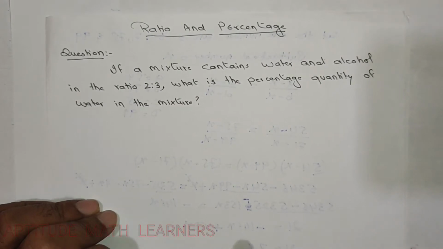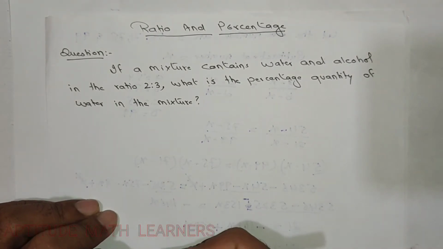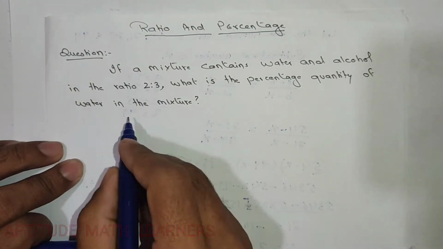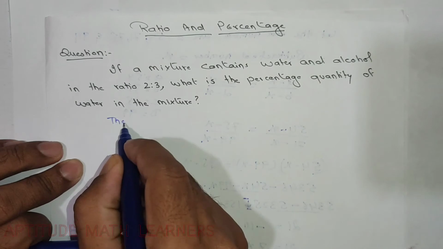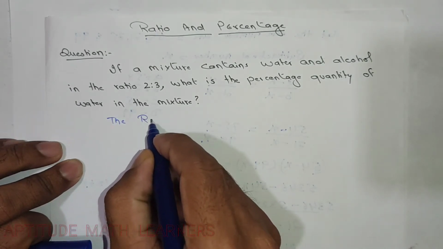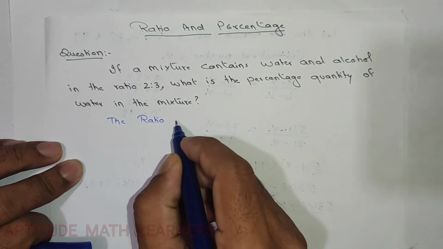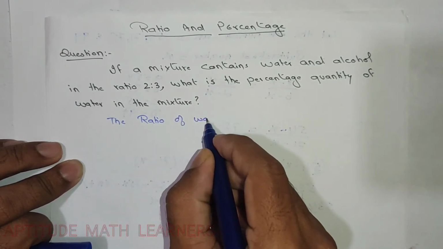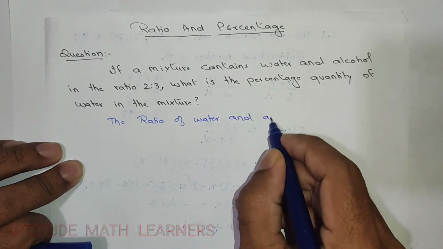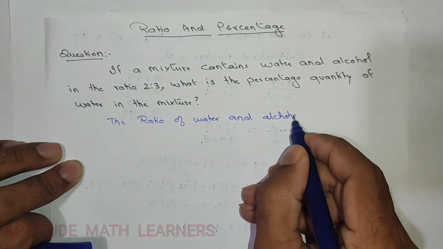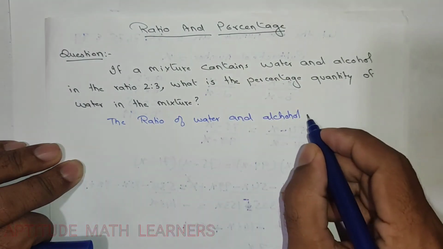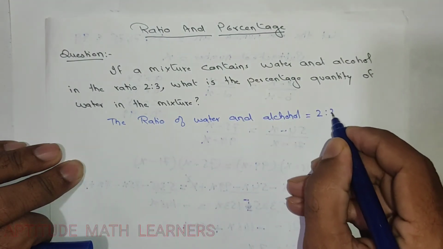So here we have the ratio of water and alcohol, that is water and alcohol in the ratio 2:3.